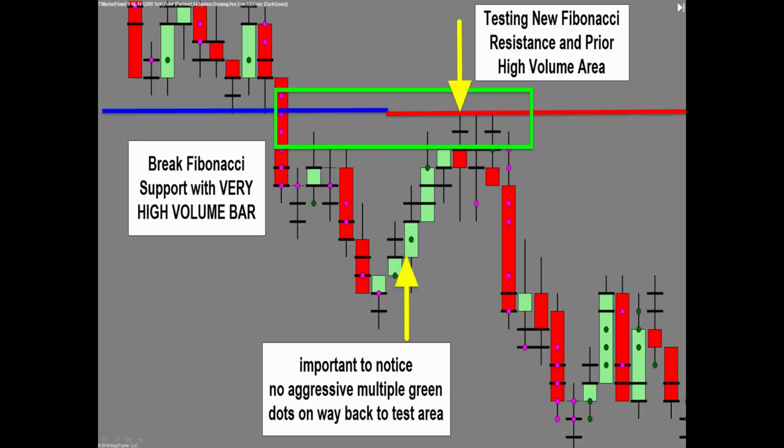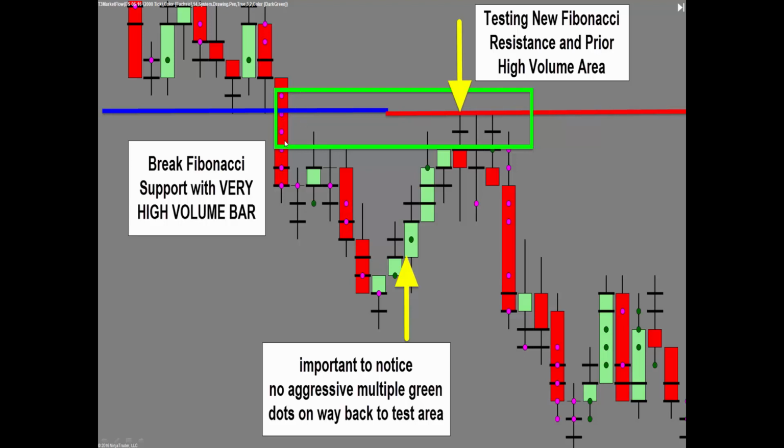Now, there's a couple other reads that we're going to use with our trigger lines, and terminology-wise, you're going to have to understand, right? So this blue line represents Fibonacci support. And you can see that using our market flow indicator, we have multiple magenta dots as we break Fibonacci support.